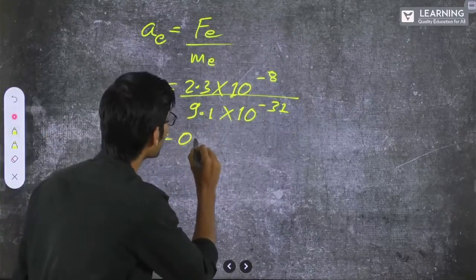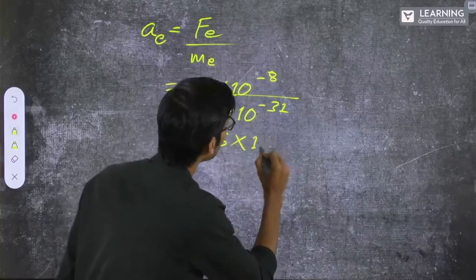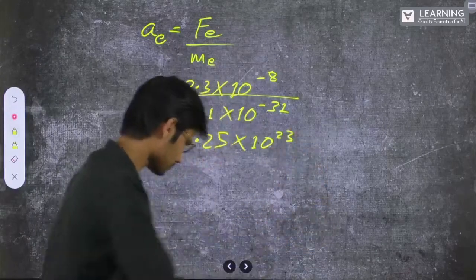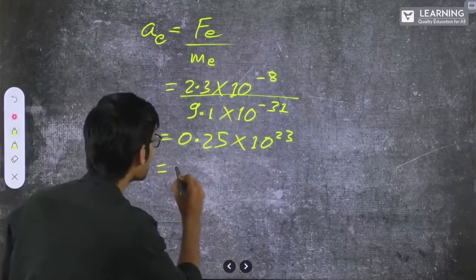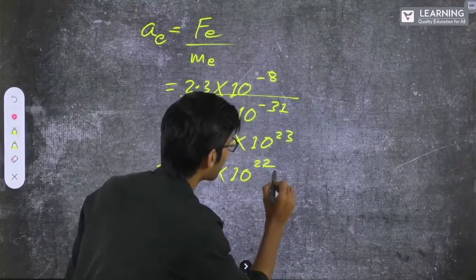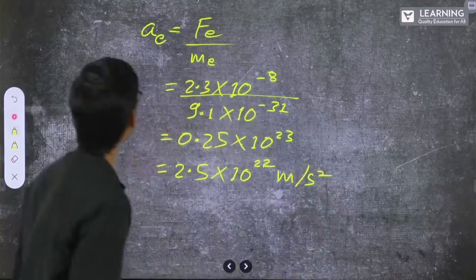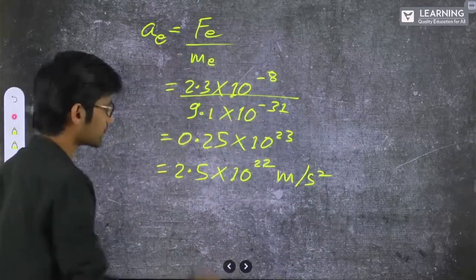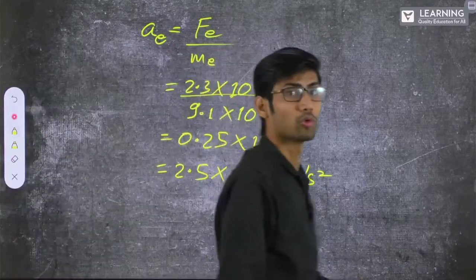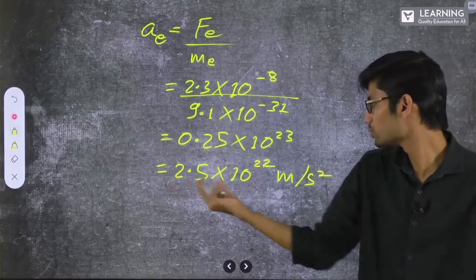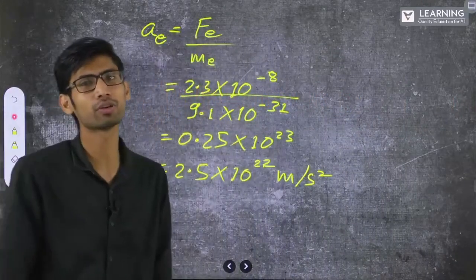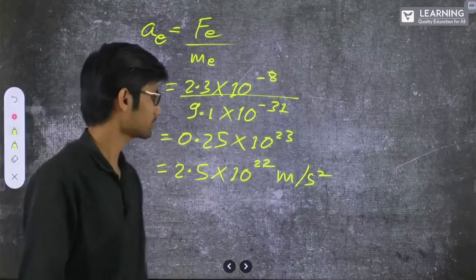So this will be 0.25 into 10 power 23, correct? So I can write it as 2.5 into 10 power 22 meter per second square. Acceleration it is. I hope you got this. With this much high acceleration, the order being 10 power 22, the electron will move towards the proton. Note it down.